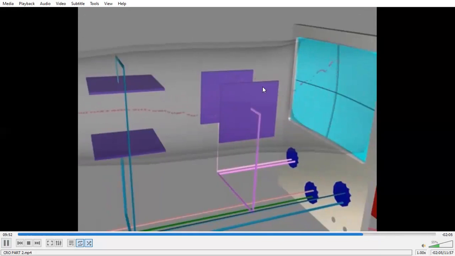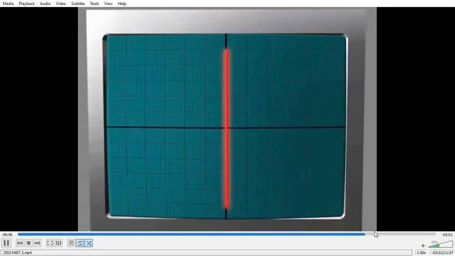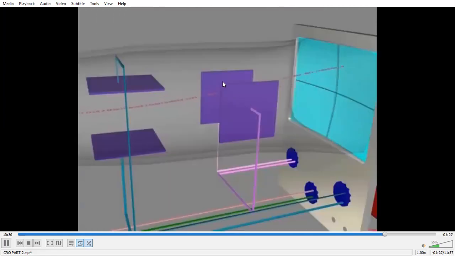But the moment you turn on the time base, it is forced to oscillate up and down, left and right. So that's why you find its shape will become like a wave.